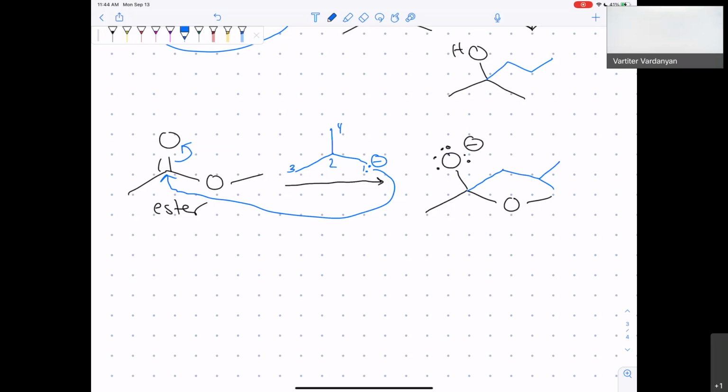Now what? It does, because we have to add a bond to that first carbon. So it looks like there's an extra carbon, but that's just because we had to actually make that.